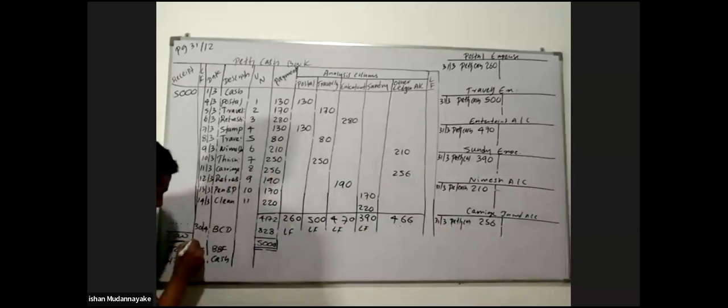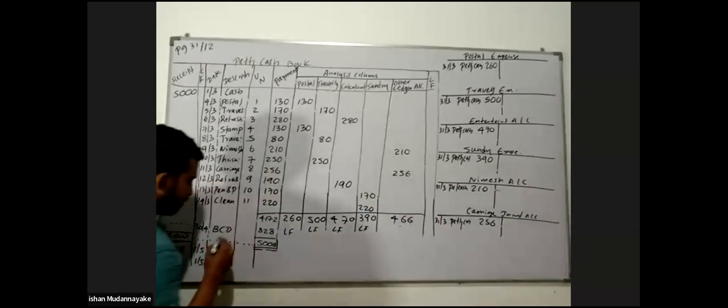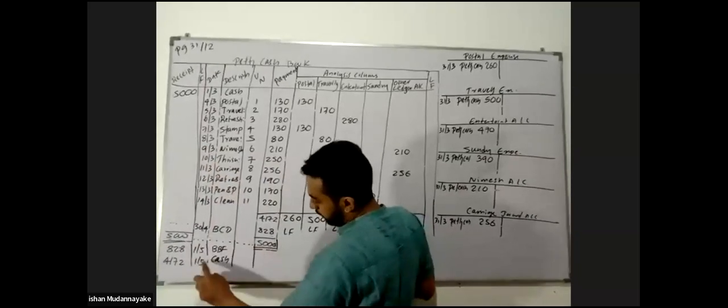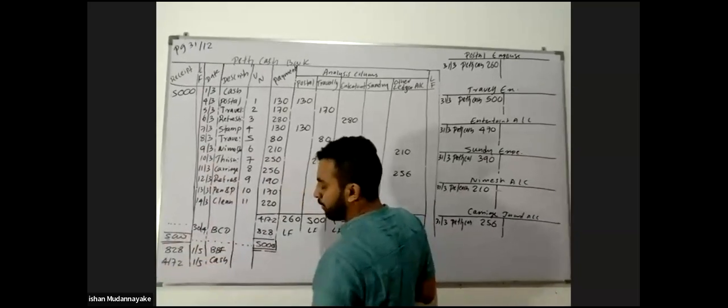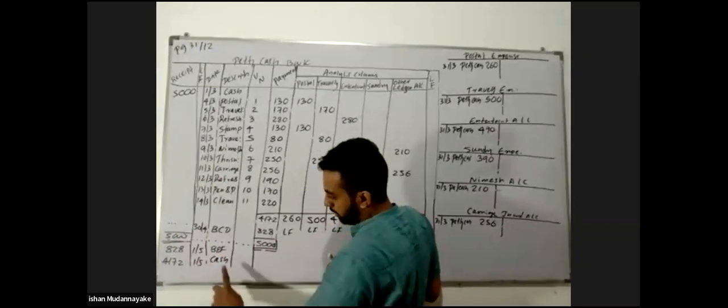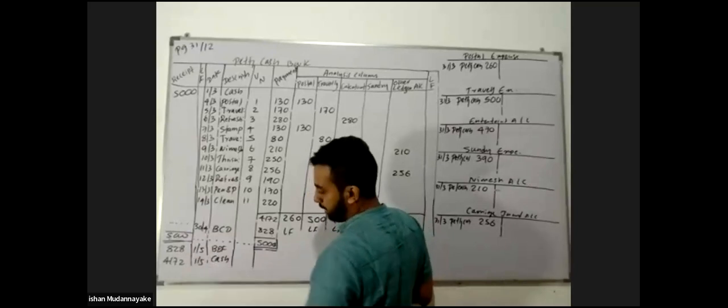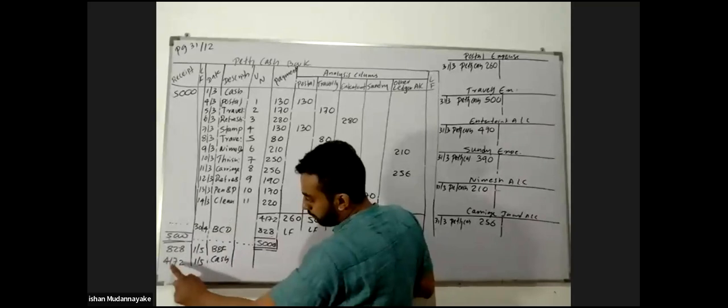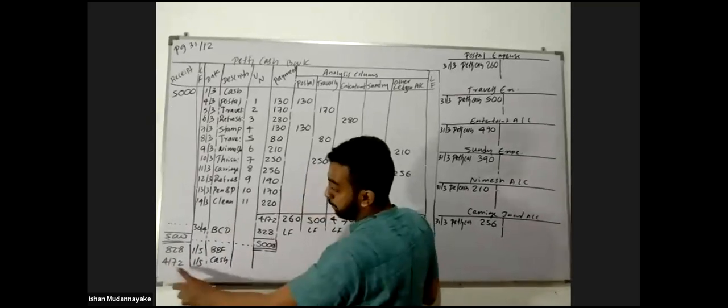Okay, in this line you can write down anything. Then here below this 5,000 line, make balance brought forward first May 820. And then again, cash first May 4,172, reimbursement of petty cash.